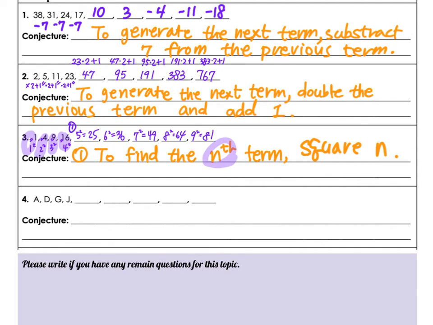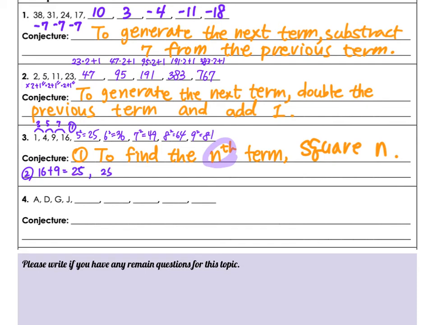Let's look for a second pattern. Let me erase this quickly so we can see better. Between 1 and 4, the number increased by what? 3. And then 4 to 9 is 5. 9 to 16 is 7. Can you guess what the next one can be? Very good. The next one will be 16 plus 9, that will be 25.